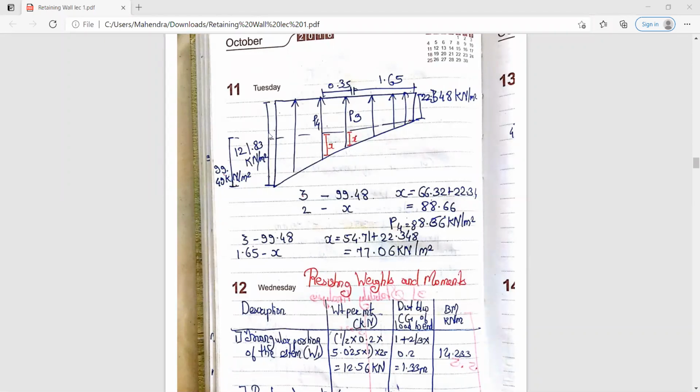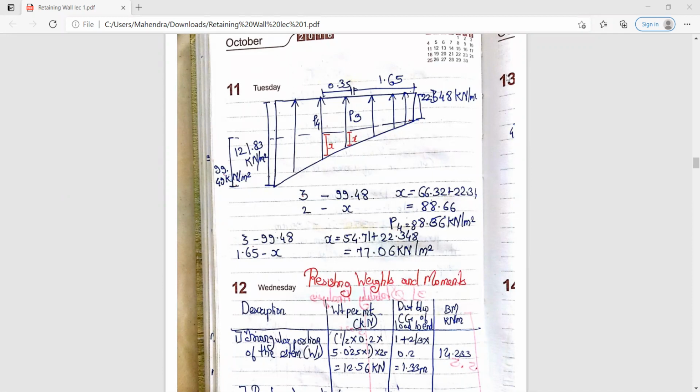Again for 3 meter, you have this 99.48. So for this 1.65, you need to calculate this distance x. Again the value of x you get is 54.71 plus this pressure, that is 22.348. You will get the value for P3. So P3 you get as 77.06 kilonewton per meter square.